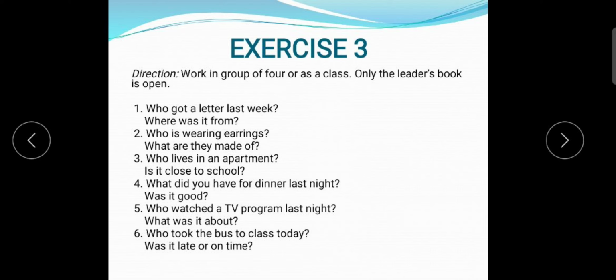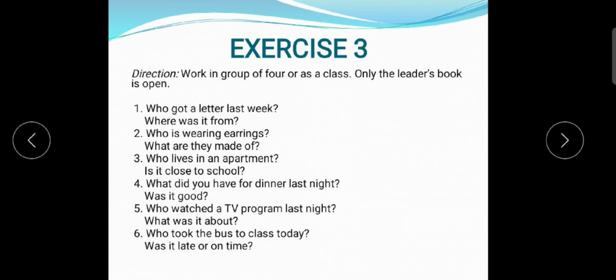The leader asks a student, for example, speaker A. Speaker A answers the question, inventing the answer if necessary. Then the leader asks another student to summarize the information in speaker A's response in one sentence beginning with the. Speaker B uses an adjective clause to summarize what speaker A said before.